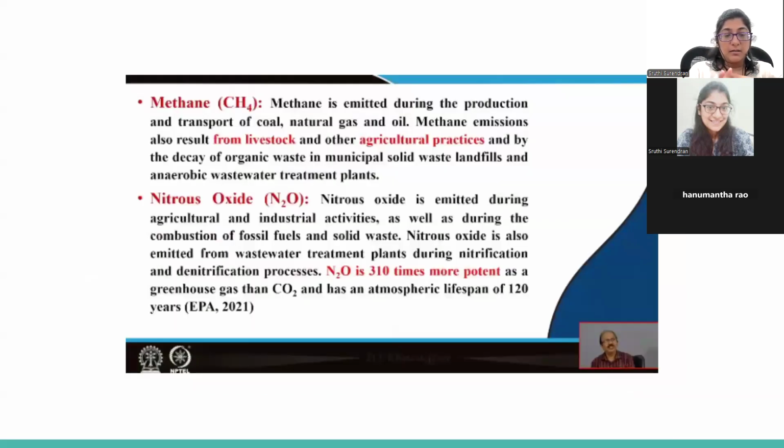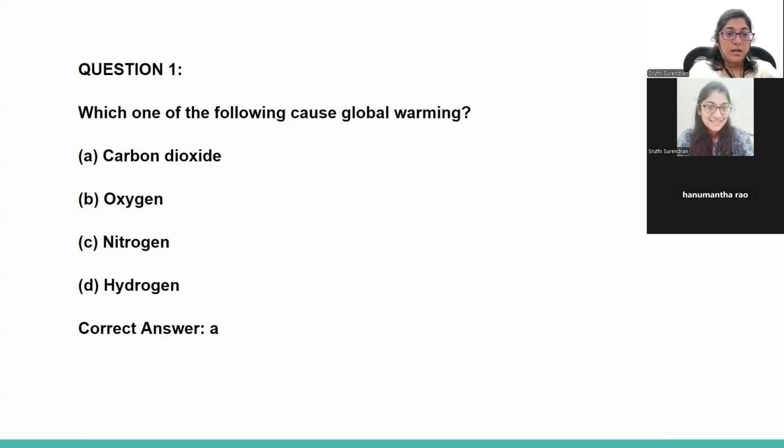Then methane is another greenhouse gas that results from excessive dairy farming and other agricultural practices that release excess methane into the atmosphere. Nitrous oxide is another greenhouse gas. So the answer for this question would be option A, carbon dioxide. Oxygen, nitrogen, and hydrogen are not greenhouse gases.